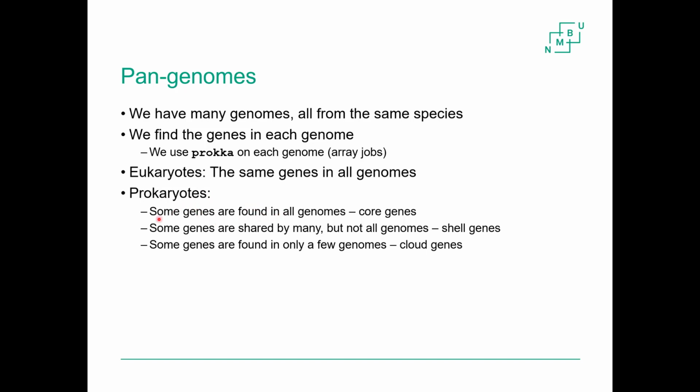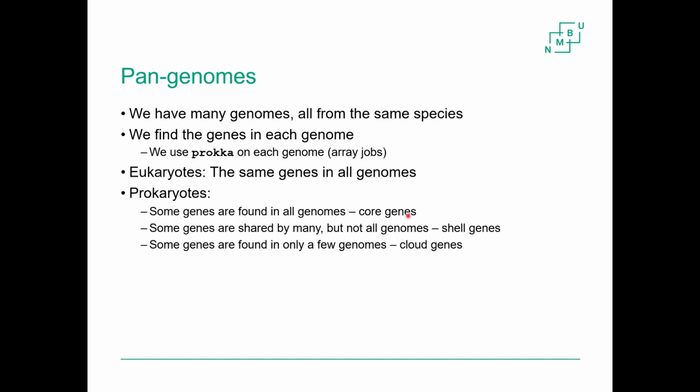We will see that some genes are found in all the genomes, and these we call the core genes. But we will also see that some genes are shared by many, but not all the genomes, and these are what we call the shell genes. And even some genes are found only in a few genomes, cloud genes.